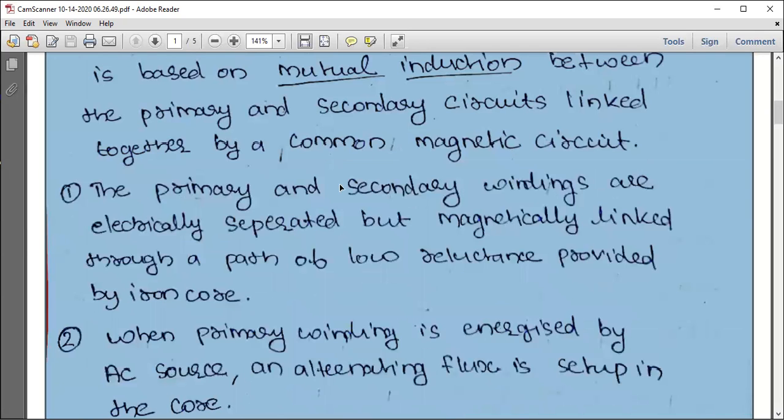Okay. So the primary and the secondary windings are electrically separated. We can say another application of the transformer is that it provides electrical isolation. The primary and secondary windings are electrically separated but magnetically linked through a path of low reluctance provided by the iron core.